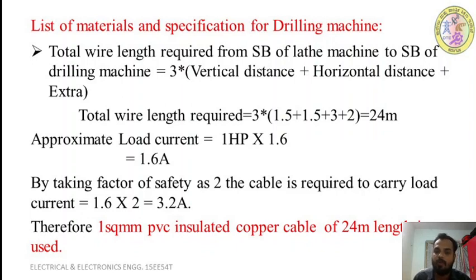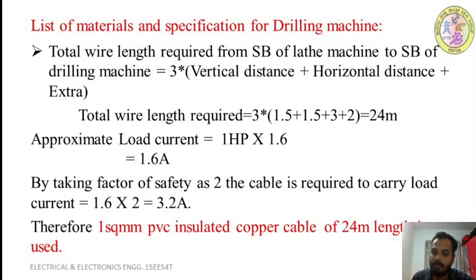We have taken the supply from the main board to the starter board of the lathe machine. Next we tap the supply in the lathe machine starter board and take it to the starter board of the drilling machine. So for the drilling machine, from where are we taking the supply?